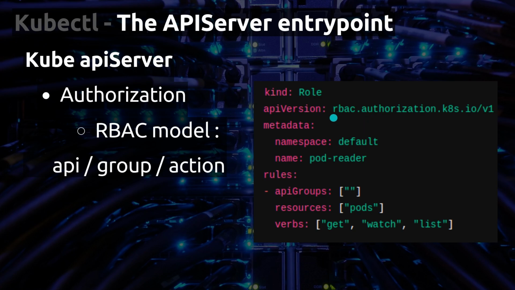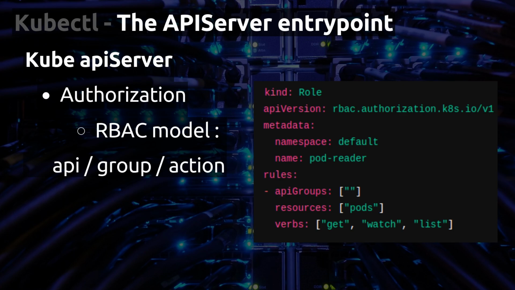Of course, the role name, for example here it is pod-reader, but we have three elements taken into the rules. We have API groups, which we discovered in the previous video, and the resources. Of course, we have pods, deployments, replica sets, etc.